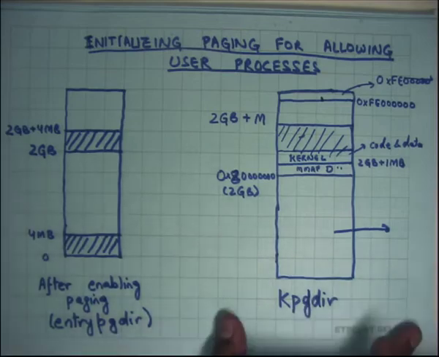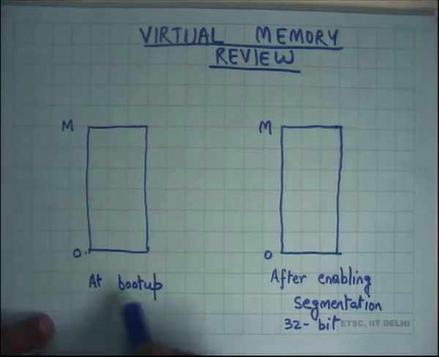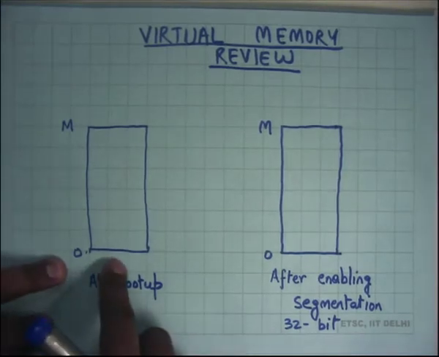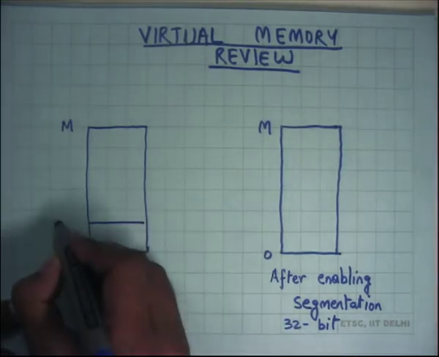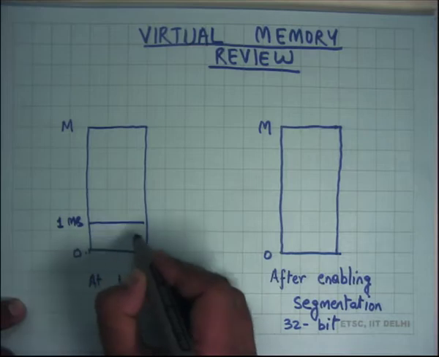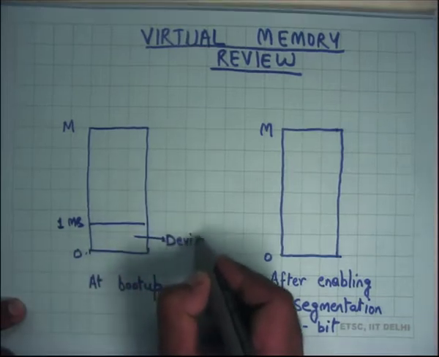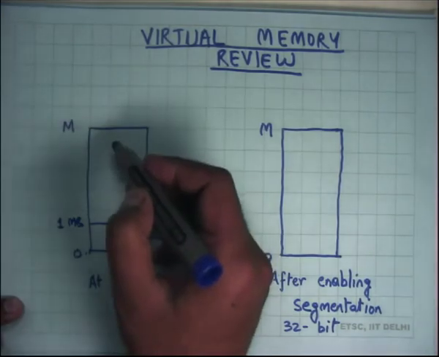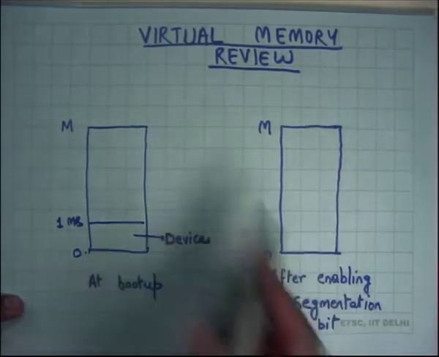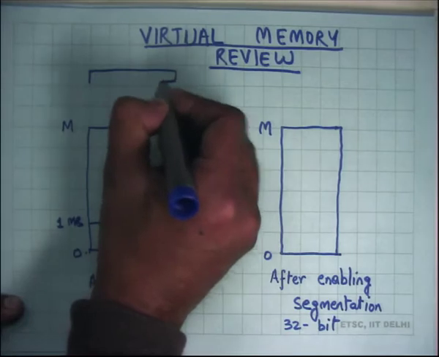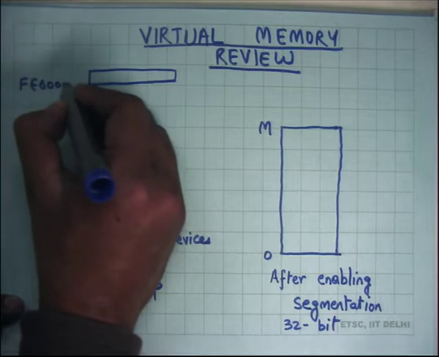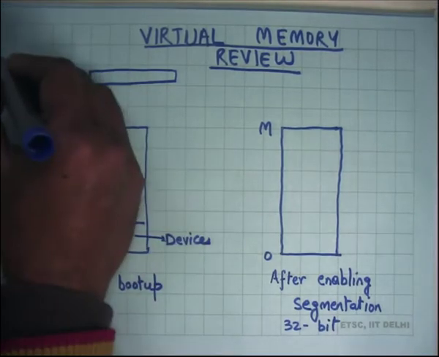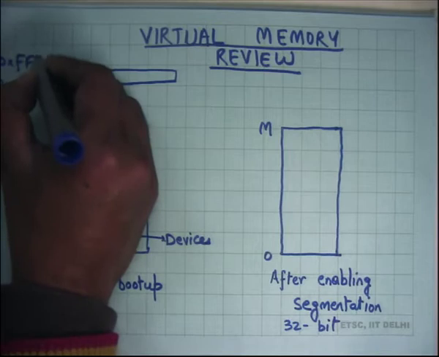Right. So just to make this discussion more complete, at boot up the address space wasn't just this, right. Actually at boot up the address space was 0 to 1 MB is devices, 1 MB to M is whatever your physical memory is, and also there is some chunk on the top, FE000000 to FFFFFFFF.